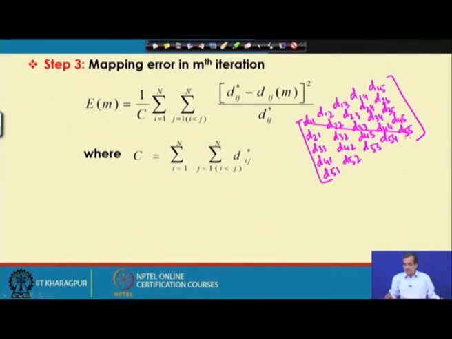So, the diagonal of the matrix will contain all 0 values.